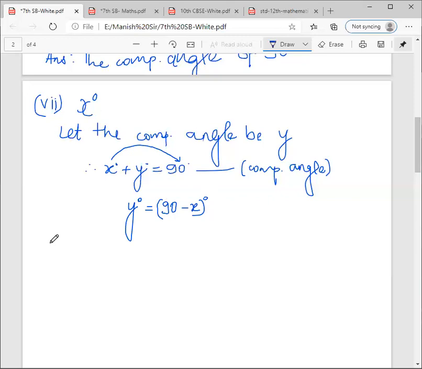So at the end, the answer we will write: the complementary angle of x degree is 90 minus x.